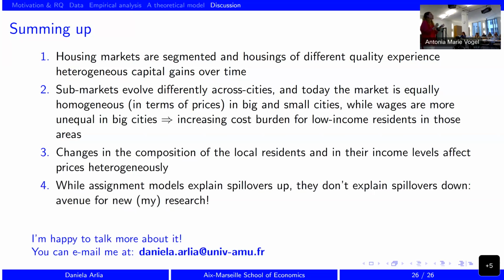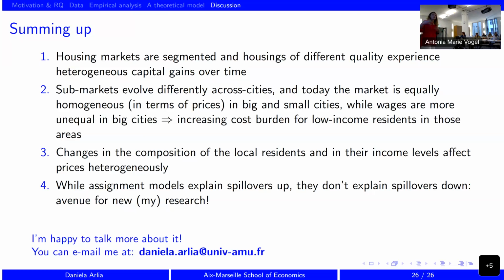So why, even when we have an increase in the share of high income residents, do we observe an increase at the bottom of the distribution and not just at the top? This is what I will argue, because of supply constraints.